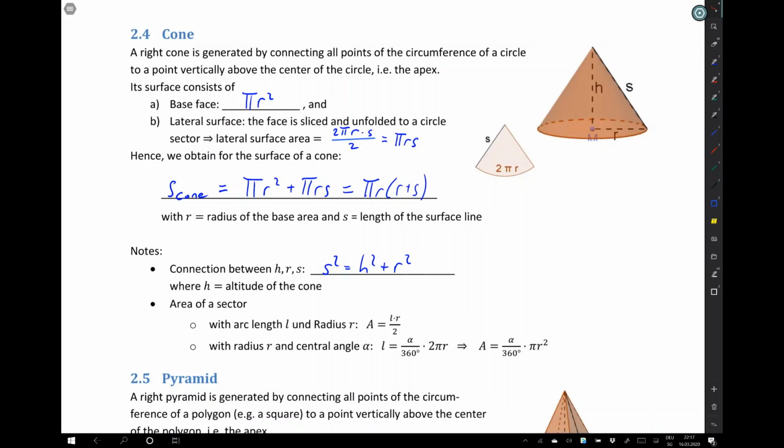When we cut the lateral face open along a slant edge, what we get is a segment of a circle, and the radius of this segment corresponds to the length of the slant edge, and the arc length of the segment corresponds exactly to the circumference of the base circle of the cone.